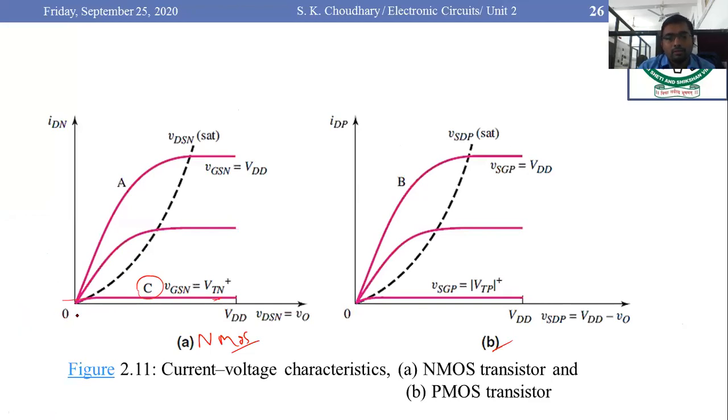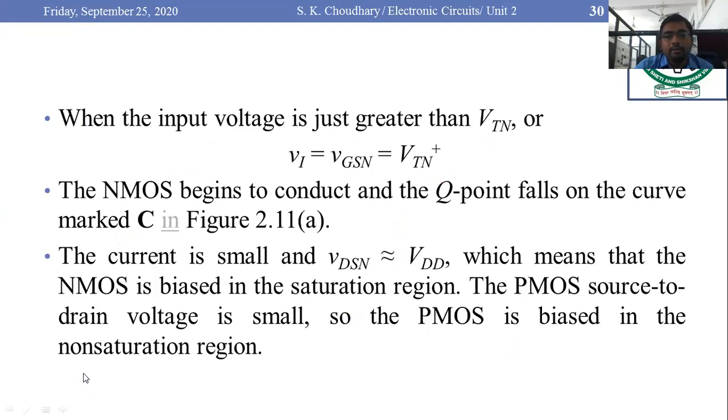The current is small and the drain to source voltage on the NMOS is equivalent to VDD, because when the NMOS is turned on, your PMOS is turned off, so the whole supply voltage is available at the output terminal. V0 is nothing but the drain to source voltage of the NMOS as per the diagram.